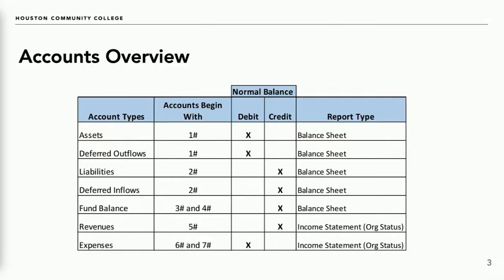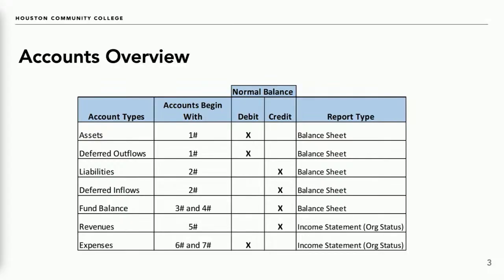Both of those types are typically debit balances. Liability accounts and all the rest, liability accounts, revenues, what we used to call fund balance or remainder. In a partnership, it may be called something different. A corporation, it may be called something different, but it's the remaining interest. All of those are typically credit balance accounts.